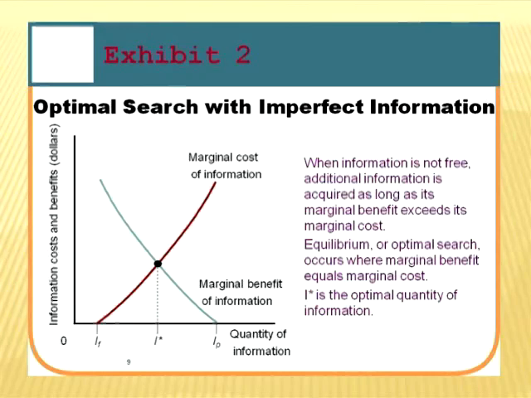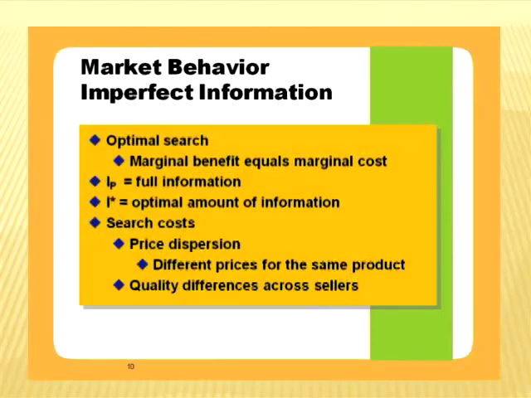It is not the maximum amount of information, which is listed there as I sub P. It's not the most information that you can get, but you finally get with most products to a point where you say, okay, that's enough, I need to just make a decision and move on. So we're looking for the point where the marginal benefit is equal to the marginal cost.